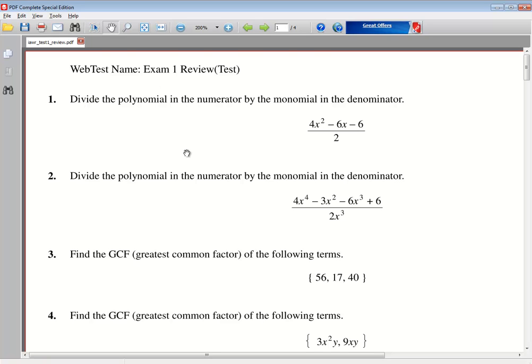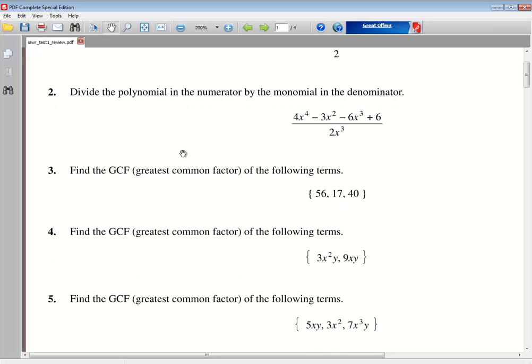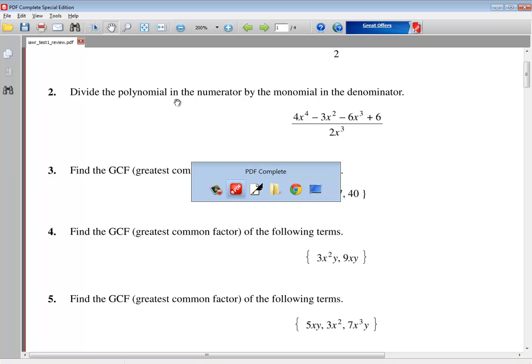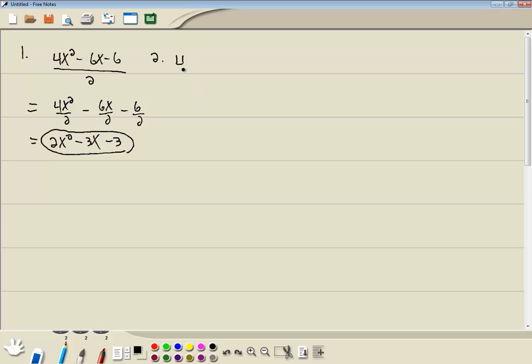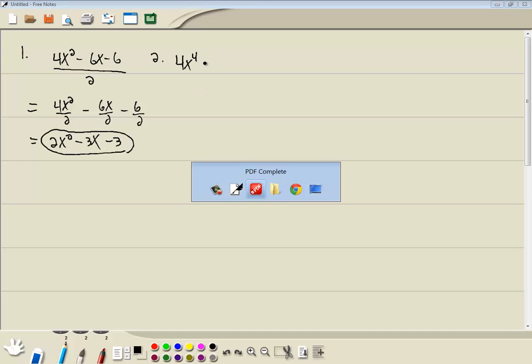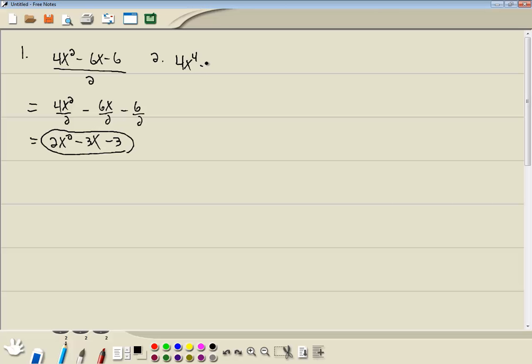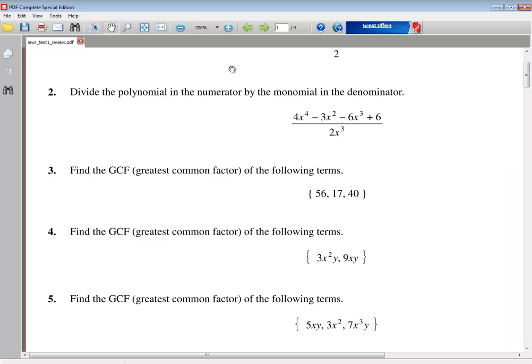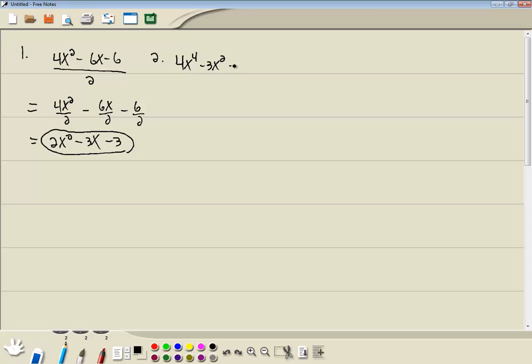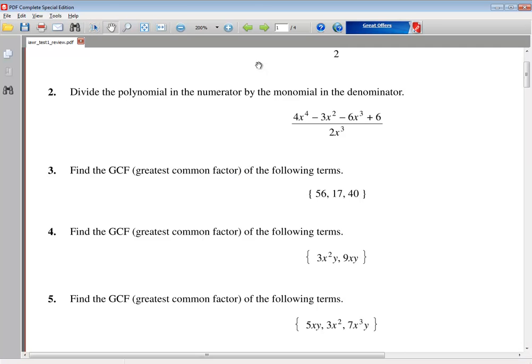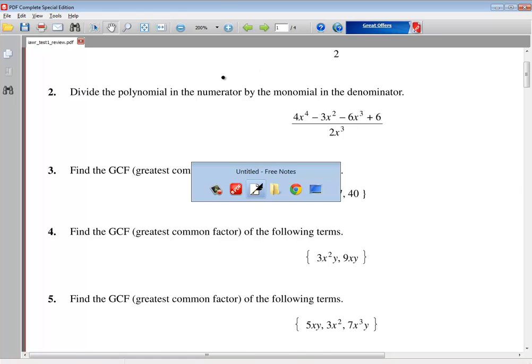Our second problem. We got 4x to the fourth minus 3x squared minus 6x to the third plus 6 over 2x to the third.